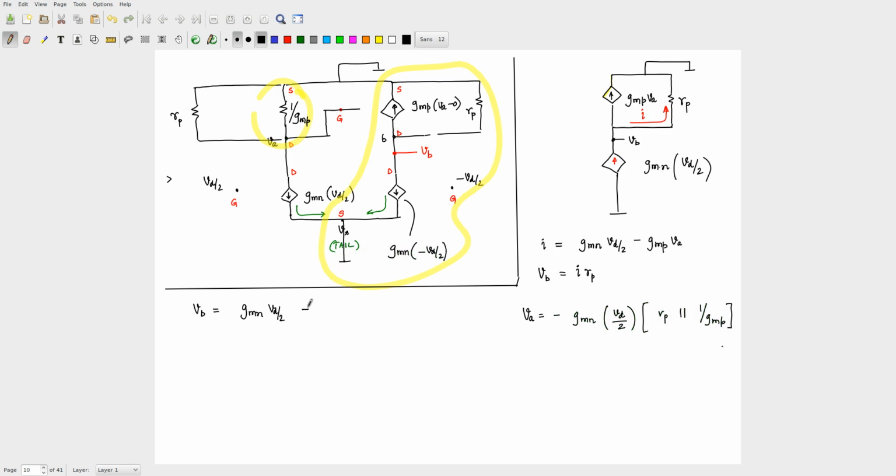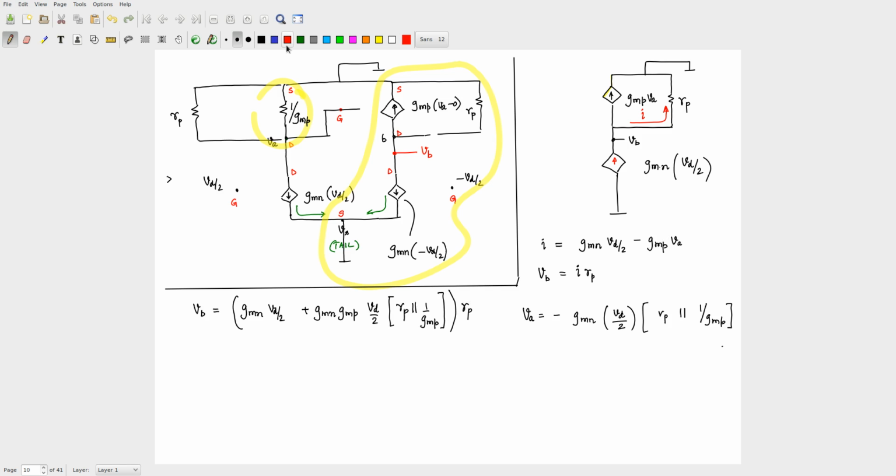So I put that in here. So I'll get plus GMN, GMP into VD by 2, whole thing into RP parallel 1 by GMP. That is the current, and the current times RP. Is that right? Okay. Now we can do a simplification.